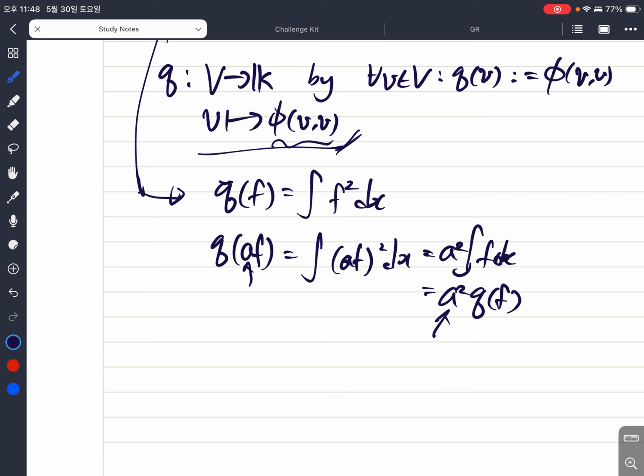Okay, this is called quadratic form. Also, because we put in one vector and get one number, it is the one form we learned before.